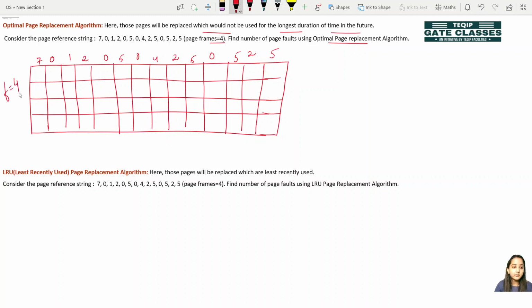Here the frame size is 4. And we have to follow the optimal page replacement algorithm.